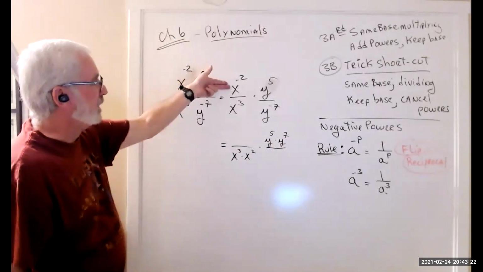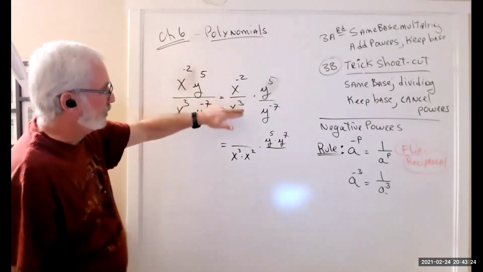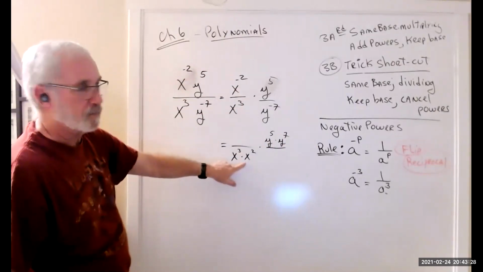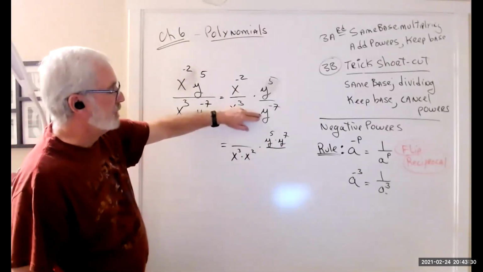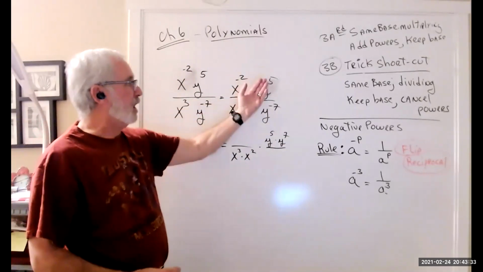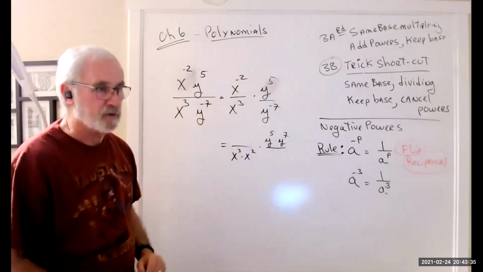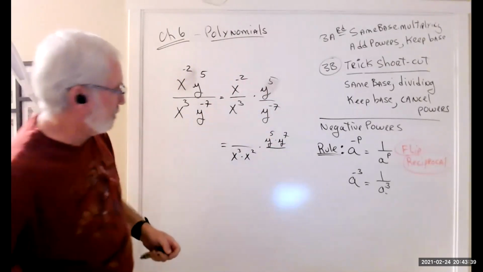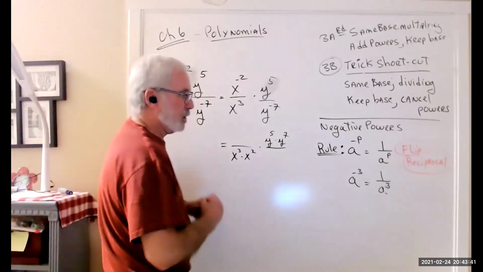So x to the -2 flips down and becomes x to the +2. Y to the -7 flips up and becomes y to the +7. So now, it depends on where your negatives are exactly. That's all it means.